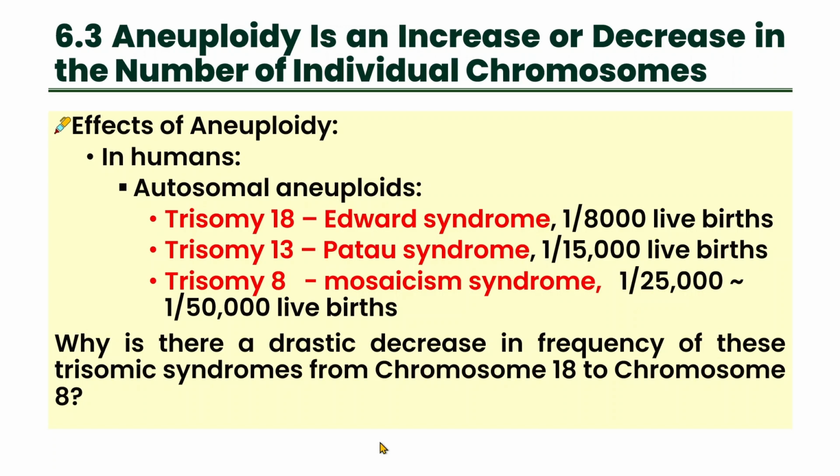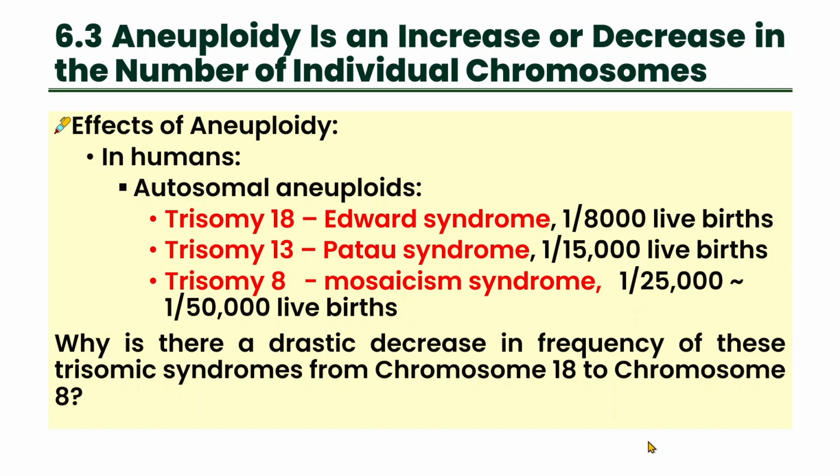Why is there a drastic decrease in frequency of these trisomic syndromes from chromosome 18 to chromosome 8? You might notice the drastic decrease because larger or gene-rich chromosomes can't tolerate extra genetic material as easily. So in most cases, these imbalances are lethal during development.